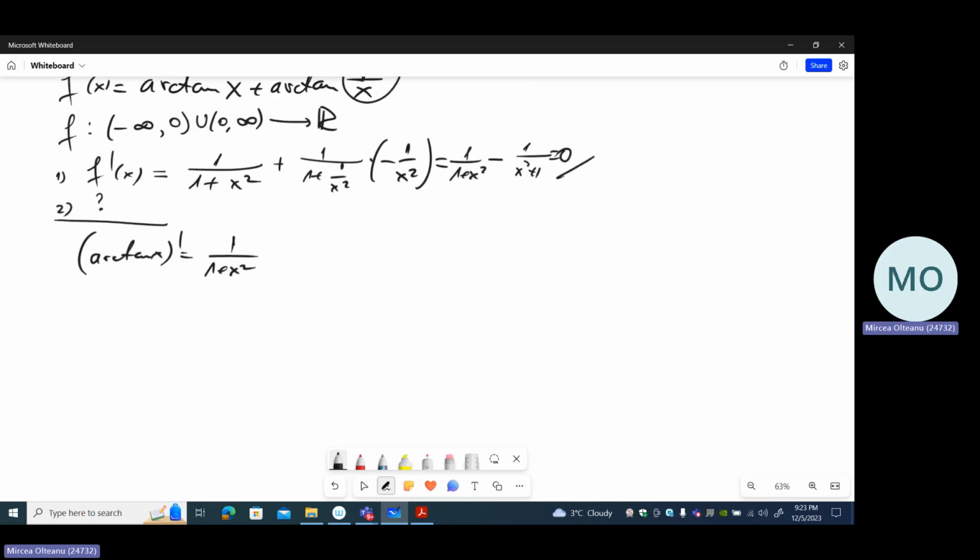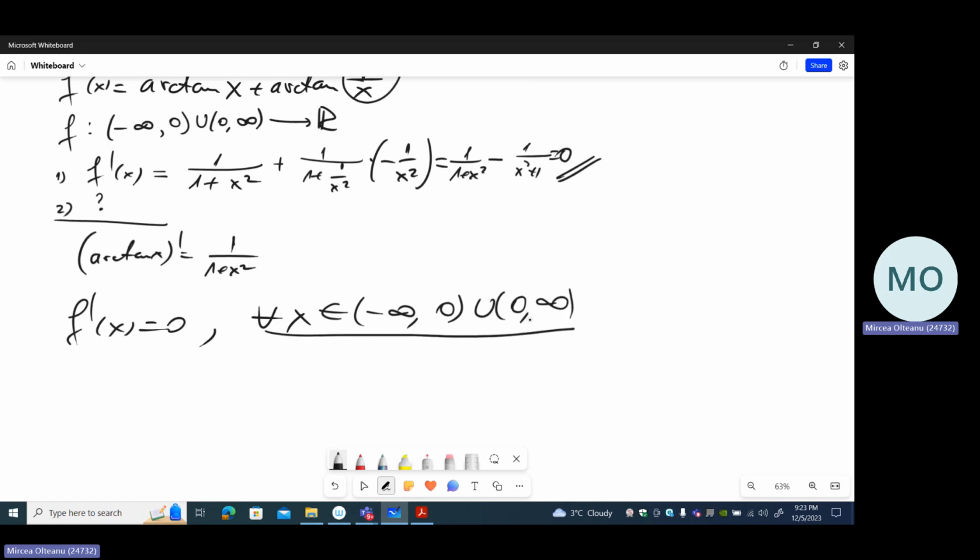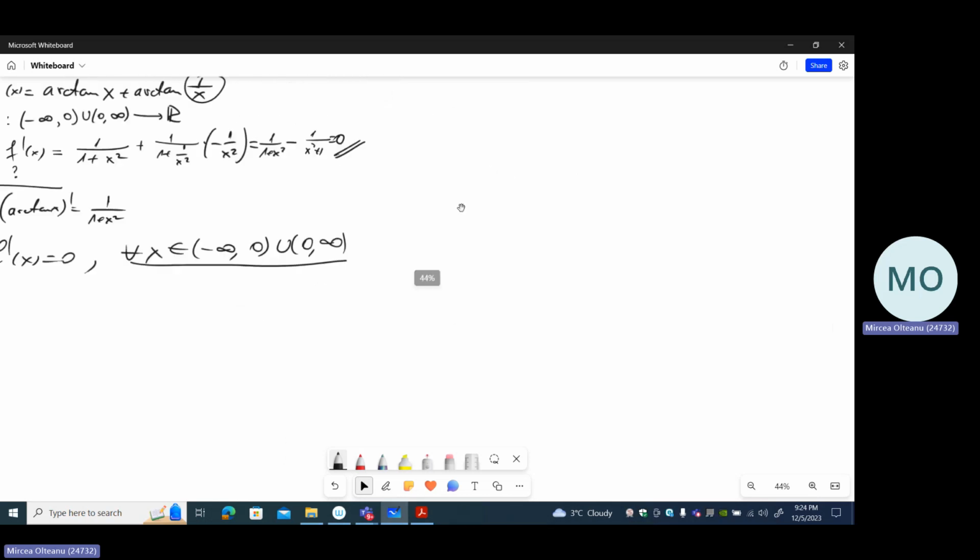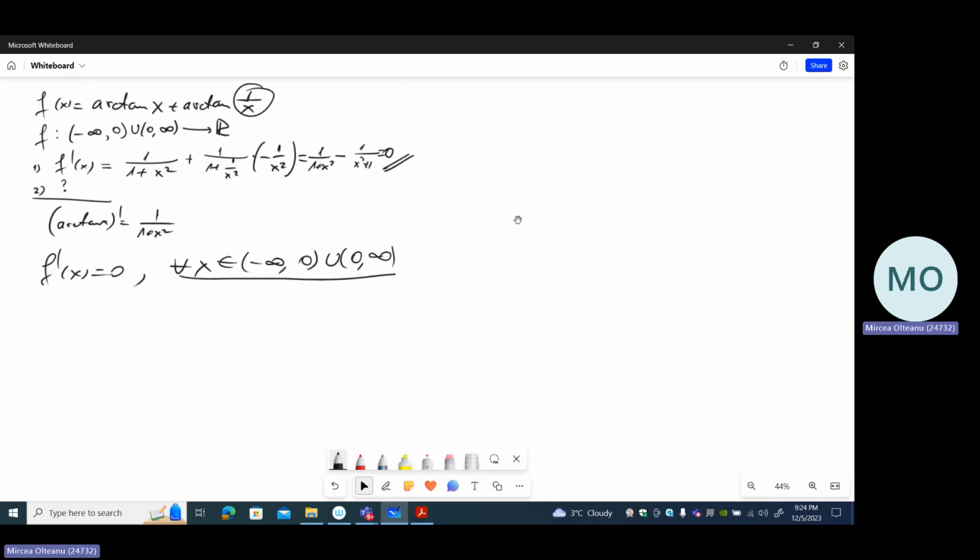At every point, it takes the value 0. So f prime of x equals 0 for every x in the domain of definition, which is, don't forget, minus infinity, 0 together with 0, infinity. And now the question is, what do we know about a function whose derivative is 0? Well, the right result here is the following.